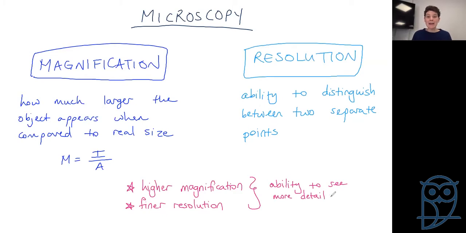It doesn't actually matter how good our magnification is. If our resolution is not there, then we can zoom in all the way and we can just look at fuzz. Resolution is actually the key to being able to see things, because resolution is our ability to distinguish. Magnification is just how much did we zoom in. Important distinguishing feature between magnification and resolution.